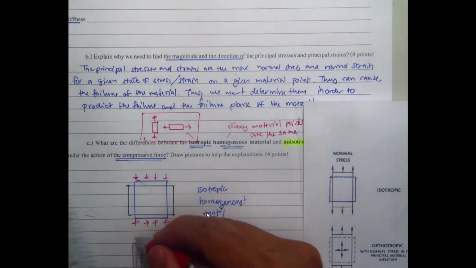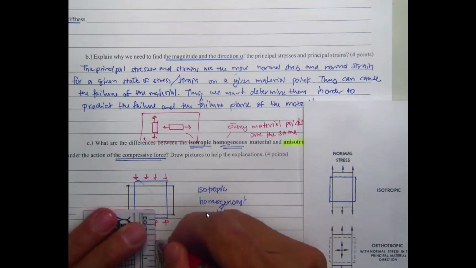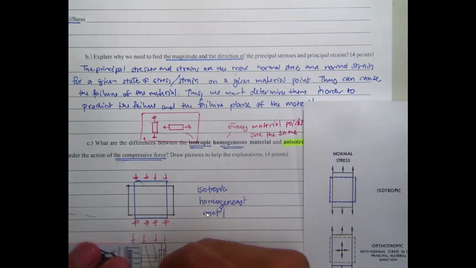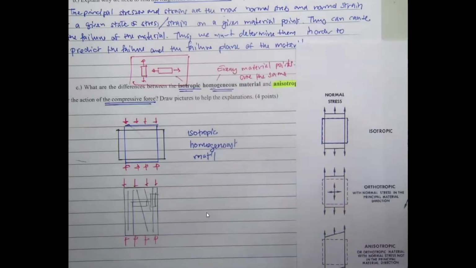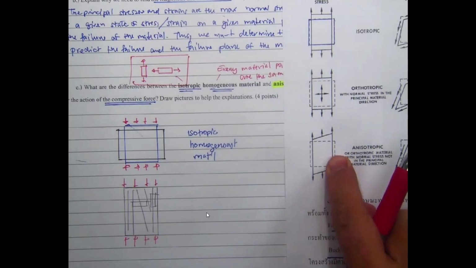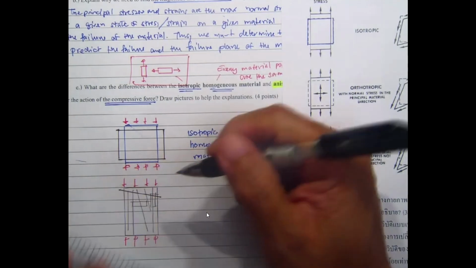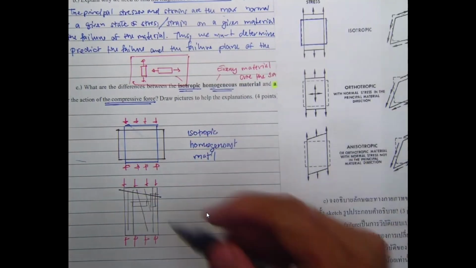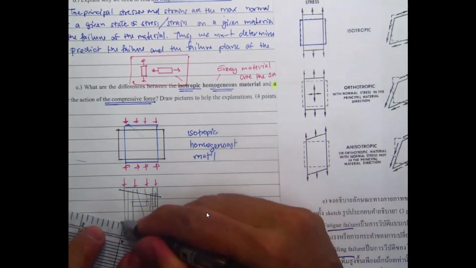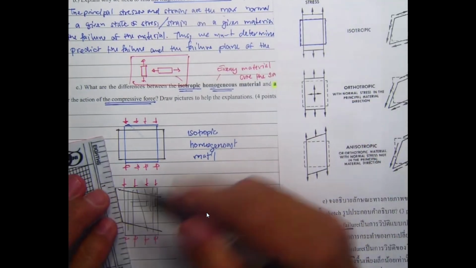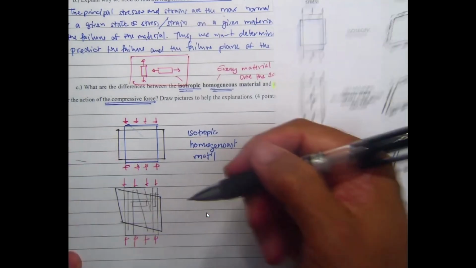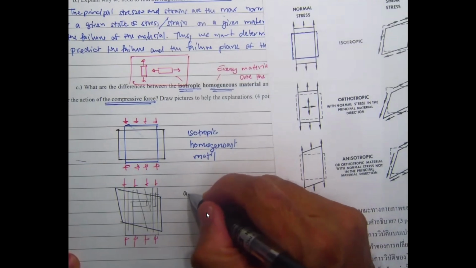When you put it in compression, sure, it will not be the same. It should be something close to this one, but quite opposite. This one should have pictures such as this, and maybe in this form, and may have shear deformation.